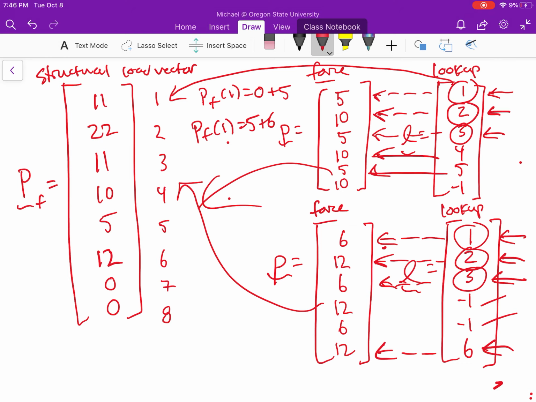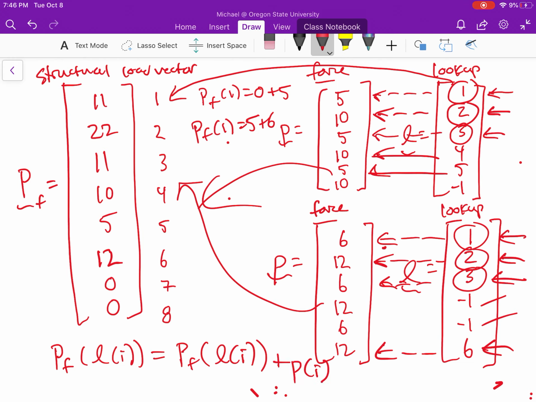We do these mappings based on the index in the lookup vector and the value within the force vector. The general expression is that P sub f of L sub I is equal to the current value of P sub f at L sub I plus little p sub I. With Python or MATLAB or any computer program, the right-hand side is what's evaluated first.